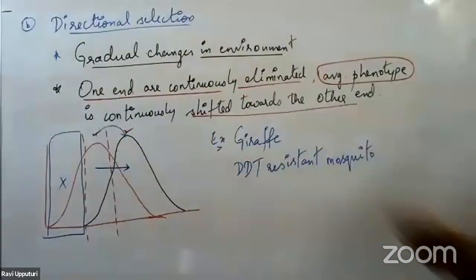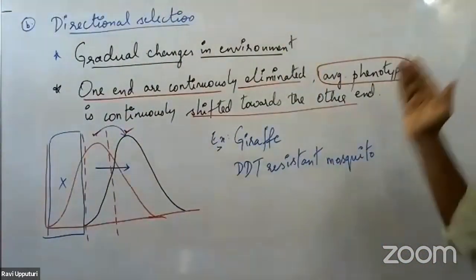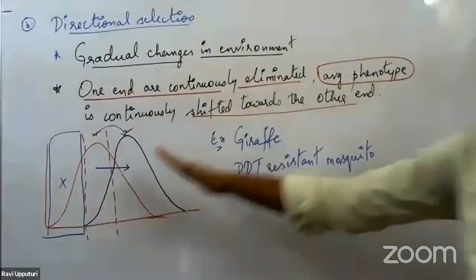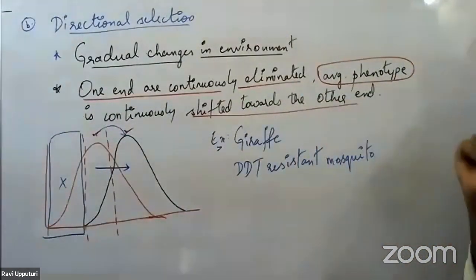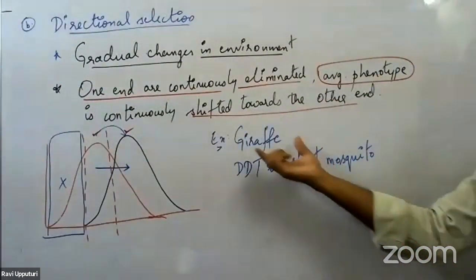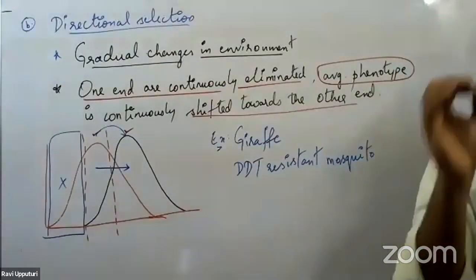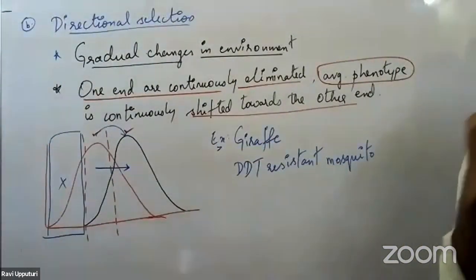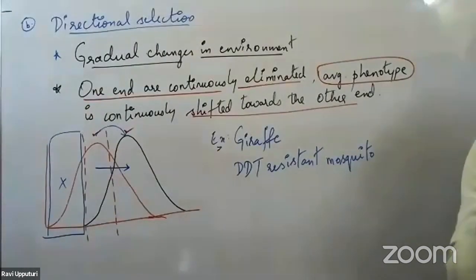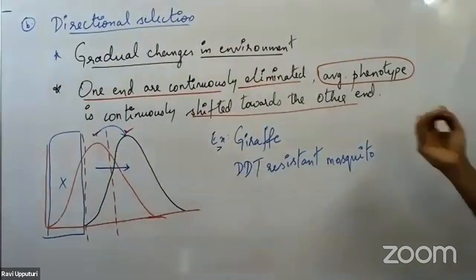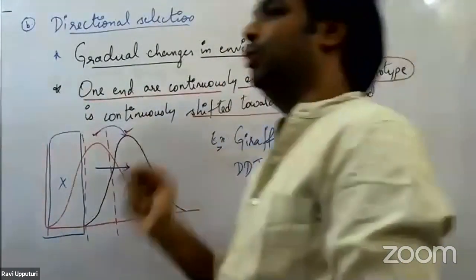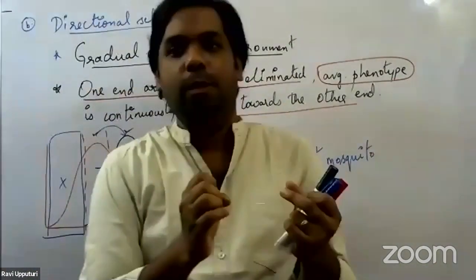So there is continuous shifting of the average phenotype towards the other end of the phenotypic distribution curve. The examples we can give are the giraffe, where the average neck length got shifted, and the DDT resistant mosquito. So this is the second type of selection, called directional selection.